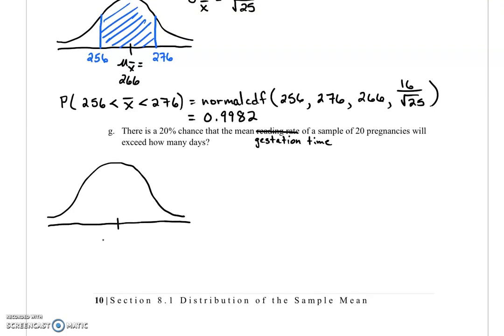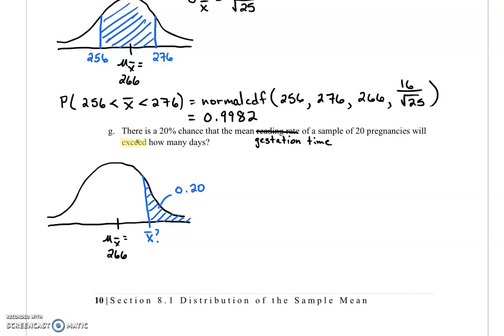So we know the mean for the sampling distributions in the middle. We want to know what the X bar is so that the area to the right is 0.20. How do we know it's to the right?